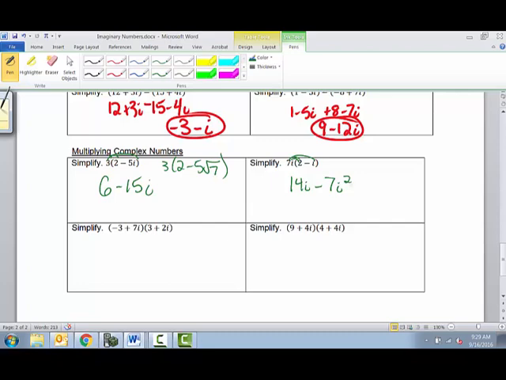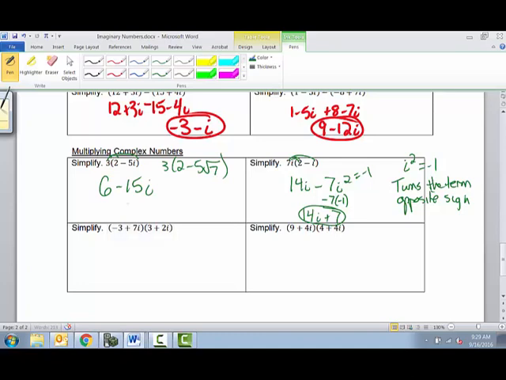Well, i squared is really negative 1. So that's really like negative 7 times negative 1, or positive 7. So it's 14i plus 7. So i squared equals negative 1. So it turns the term to the opposite sign. So 7i squared becomes positive 7 with no i.